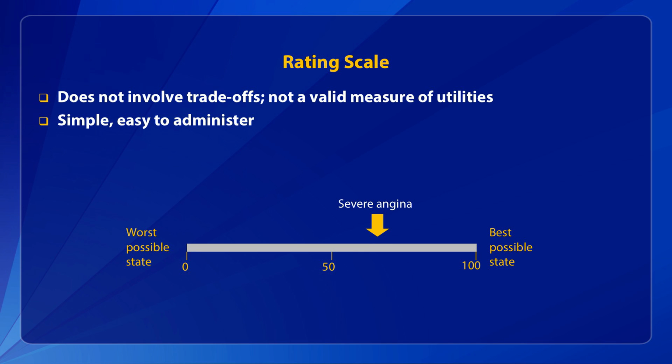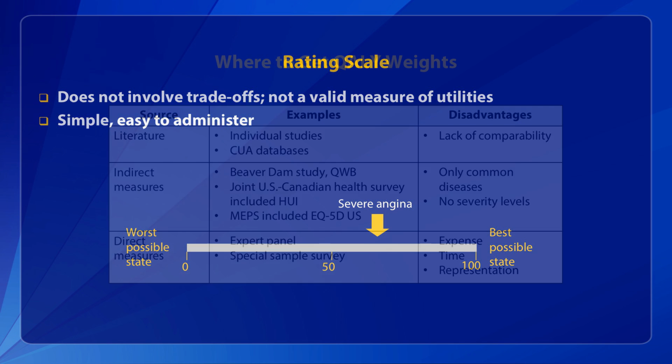Furthermore, people have an aversion to the ends of the scale, so they treat the middle of the scale as one scale and the ends of the scale as another scale. There are also context effects. Ranking and scoring depend not just on the states themselves, but also on the states being compared. Finally, this approach is based on conditions of certainty and not really tied to utilities or the theoretical foundation on which cost-effectiveness analysis is based.